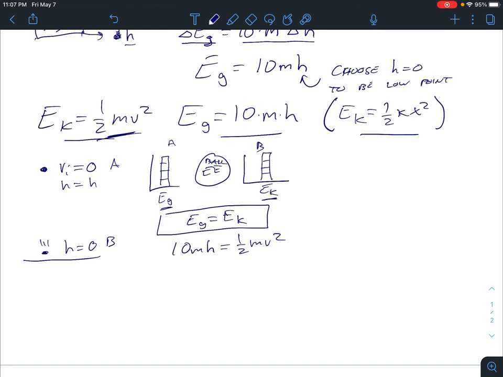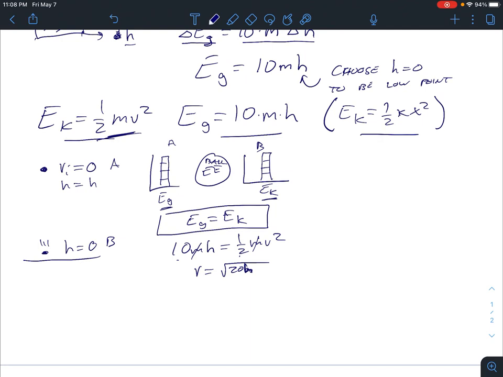So if I want to find how fast it's going at the ground, I just have to do a little bit of algebra. The mass cancels out, and I get v is equal to the square root of 20h. Right, multiply both sides by 2 to get rid of the 1/2, and then take the square root.